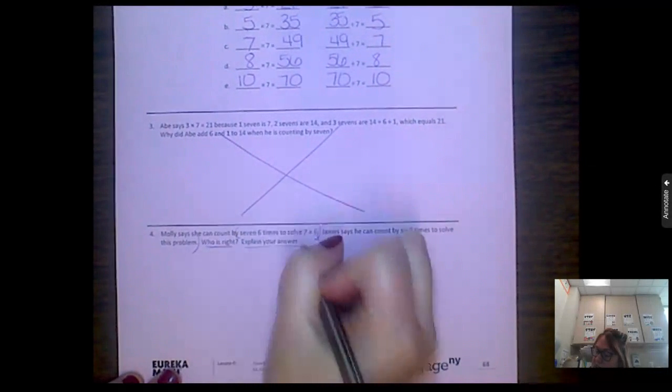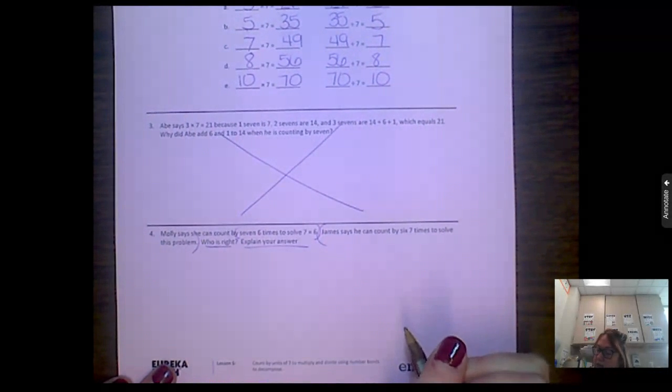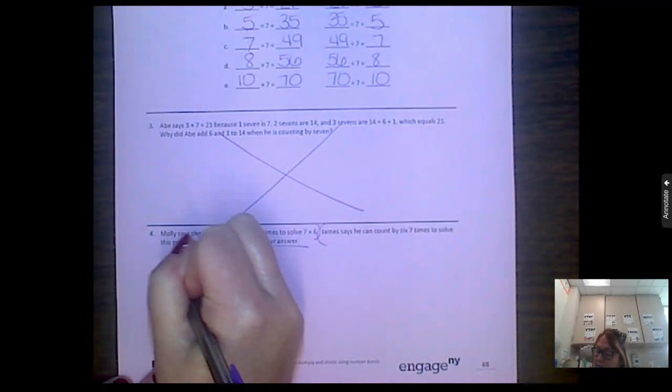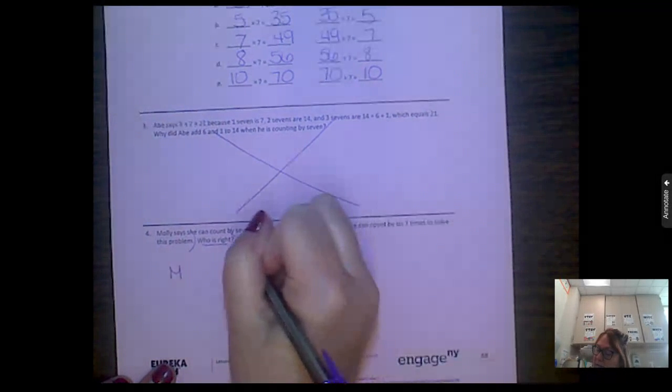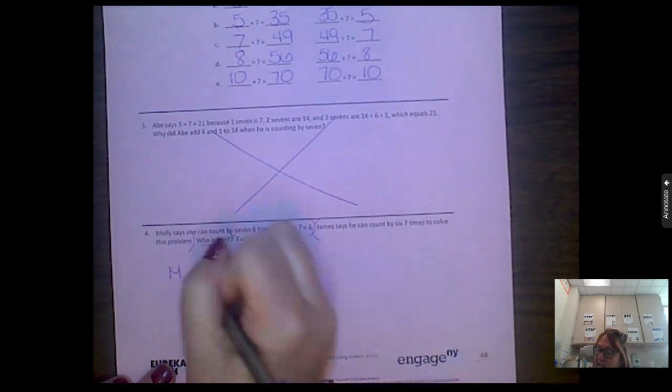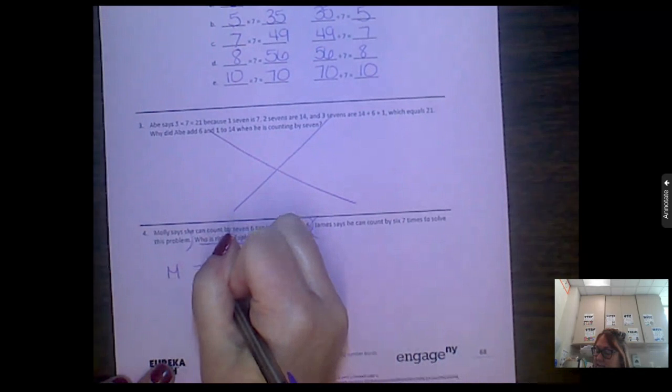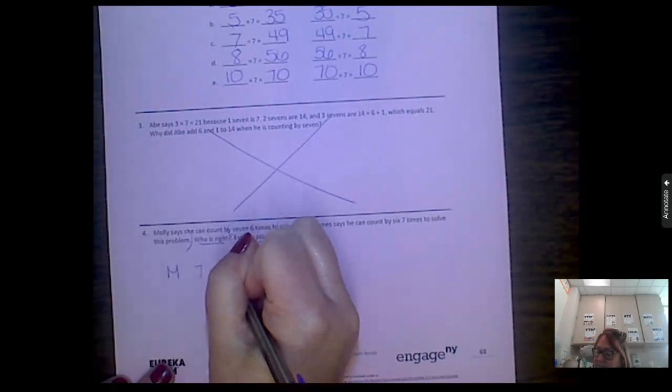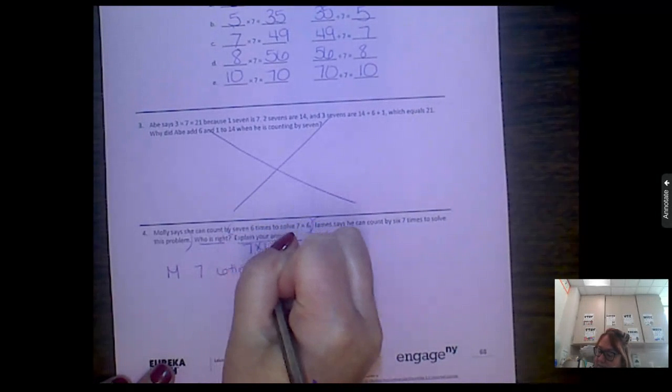Who is right? Explain your answer. Okay. So they're both trying to solve 7 times 6. Molly says she can count by 7 6 times. James says he can count by 6 7 times.